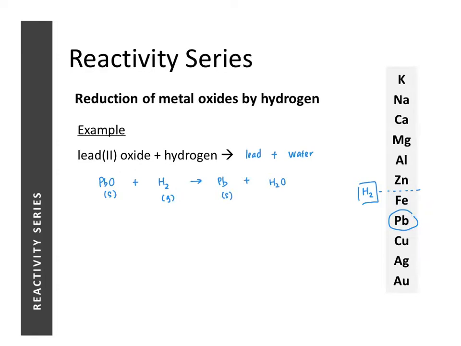Now in this case, in order for this reaction to happen, we need to heat up the reaction setup, and because of heating of the reaction setup, the water over here is in the form of steam rather than water. Okay, so the state symbol for H2O will be gas.